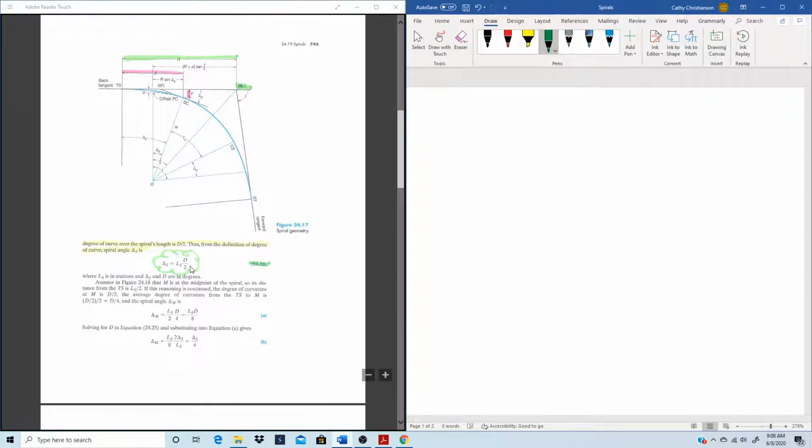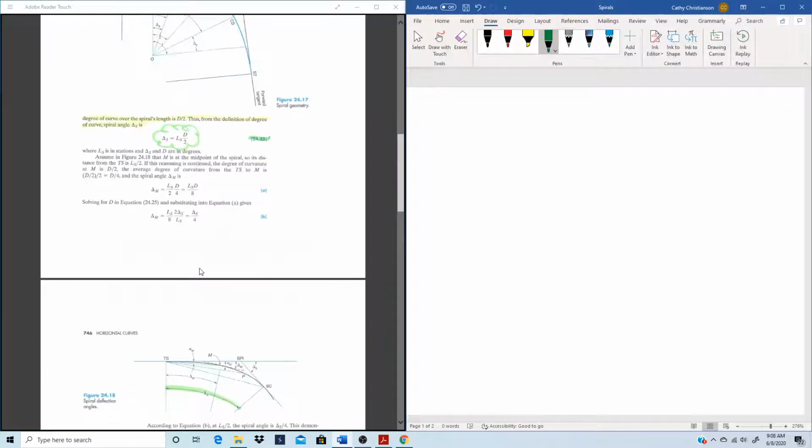Typically that's given. Now I need to make sure in this equation that L is in stations. So if it was a 300-foot spiral, that number should be 3 stations. Theta S and D are in degrees. So like I said, we'll come back to that.